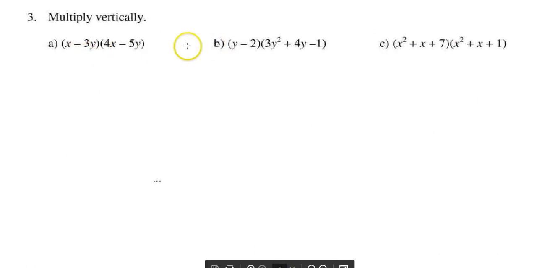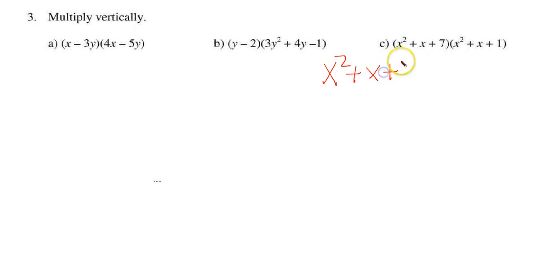Now you'll have practice doing these, and we've done some vertically already. So let's do this one where we have 3 in a row. So x squared plus x plus 7.